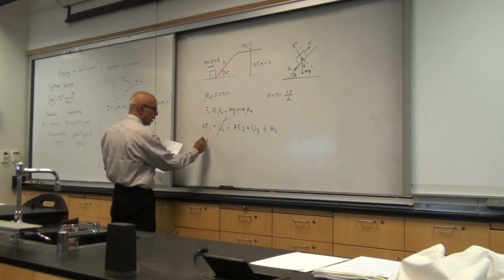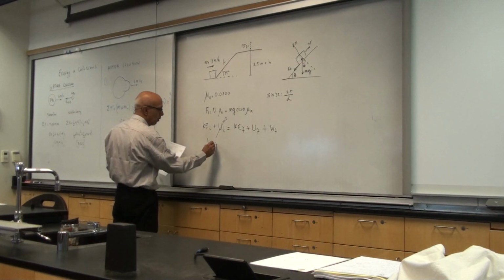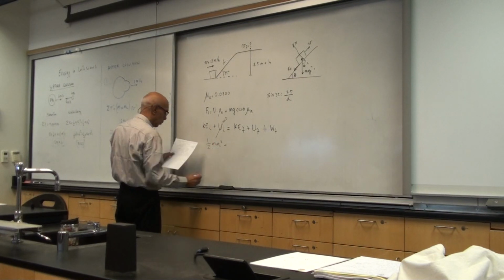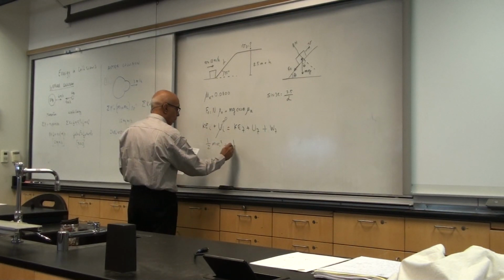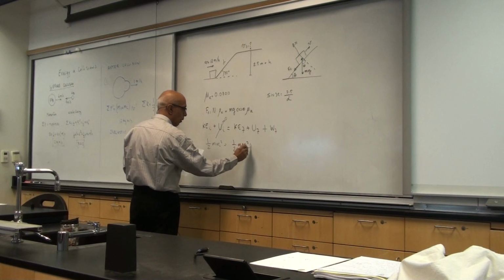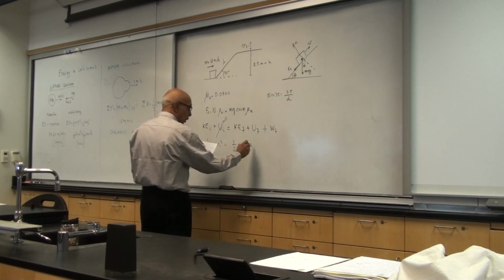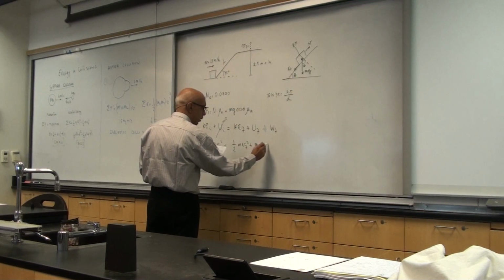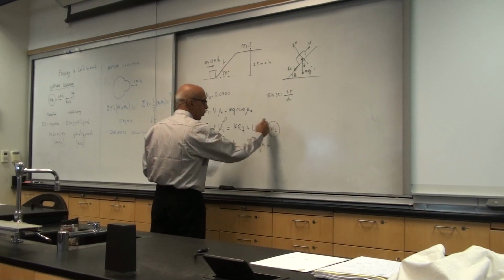So I can write down that mvi squared is going to be equal to mv final squared plus mgh plus this work.